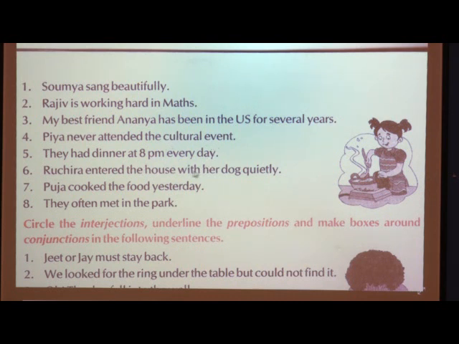So, every day is an adverb. Next, the sixth one: Ruchira entered the house with her dog quietly. Which is a verb? Your verb is entered. This is the action of entering the house. And how did she enter? Quietly. So, quietly is an adverb. So, circle the word quietly.